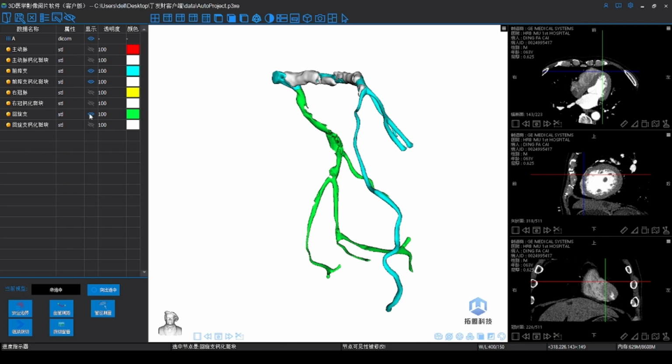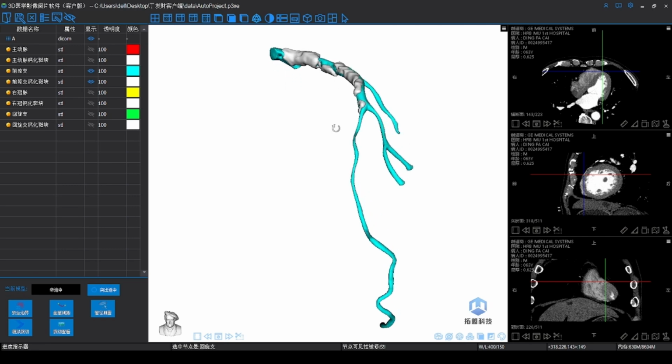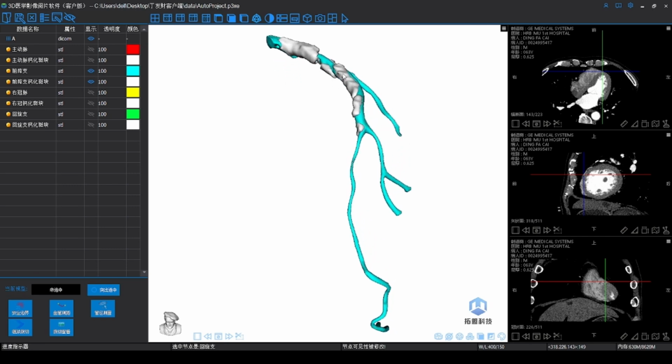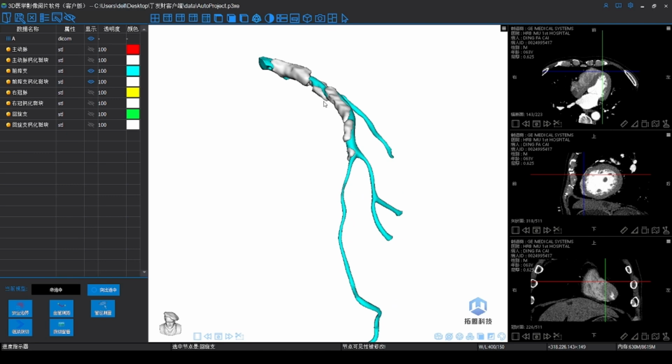So I think we should not do PCI or stent in the circ. Now let's hide the circ and just pay attention to the calcification in the LAD. This is the RAO position, and we rotate the image, and in the AP cranial view, we can see the calcified plaque is from the ostium of the LAD to the mid part of the LAD.